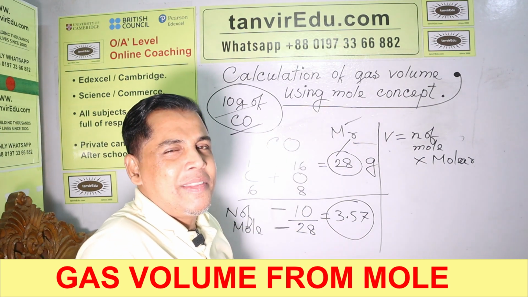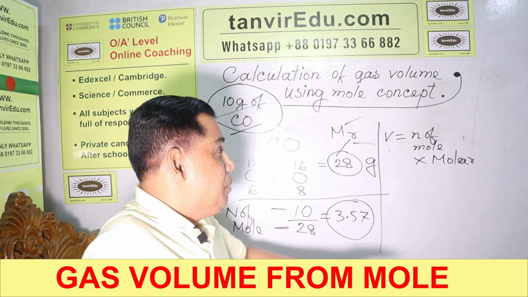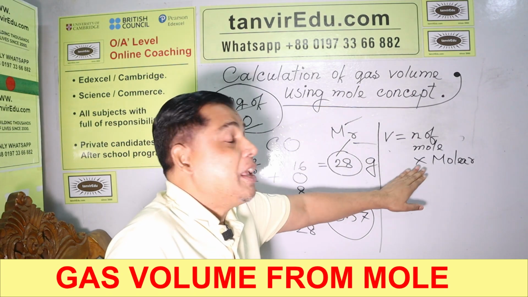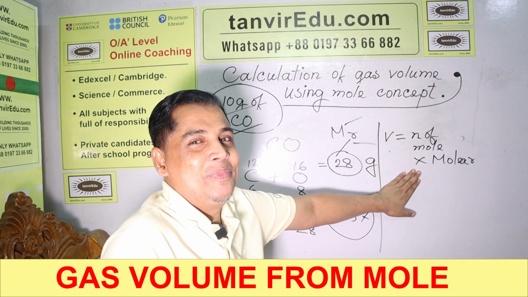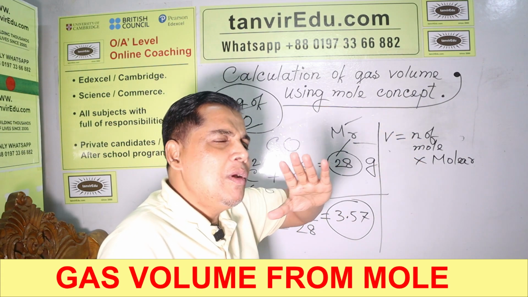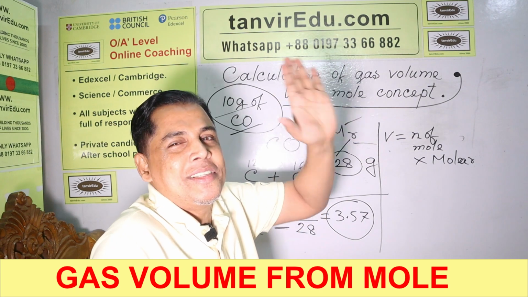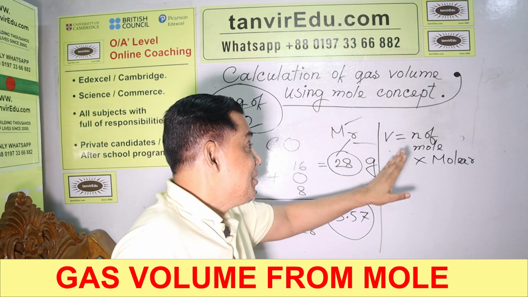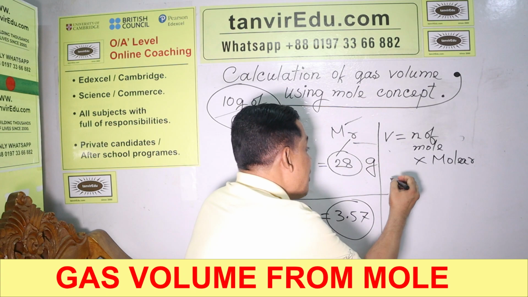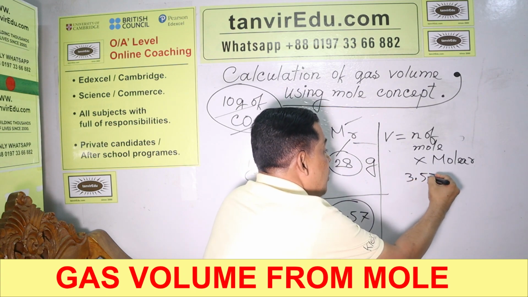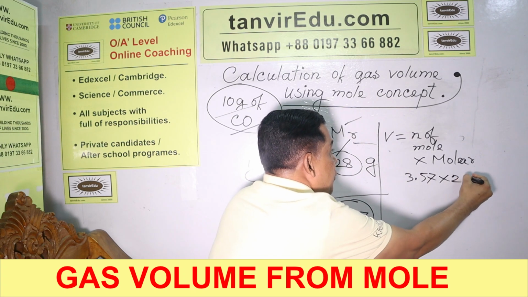You have to memorize: volume of any gas is equal to number of moles into molar volume. Molar volume is always 24 decicubic meter, 24,000 cubic centimeter. Memorize. So this 3.57 is the number of moles and 24.